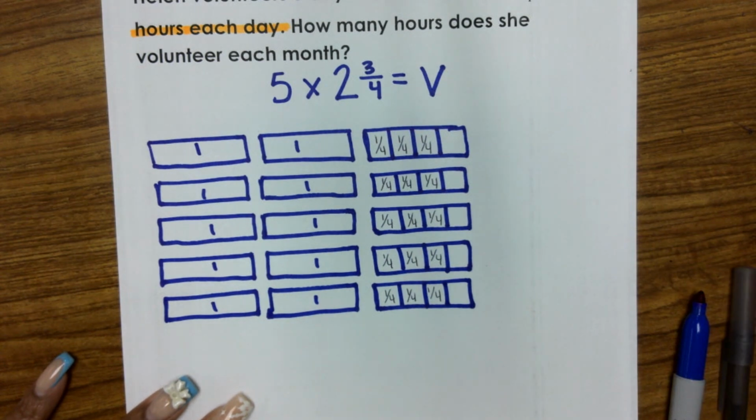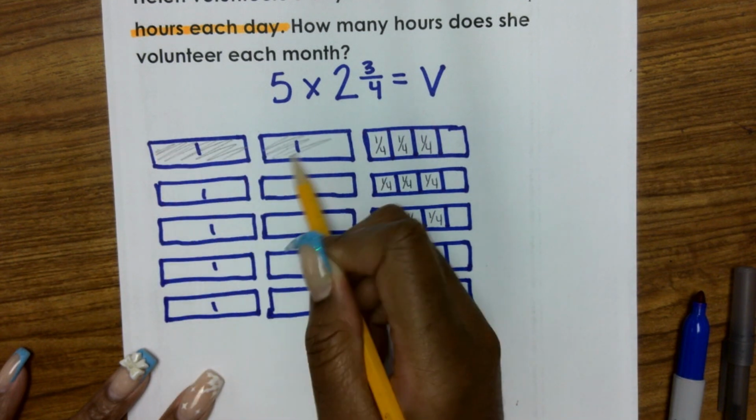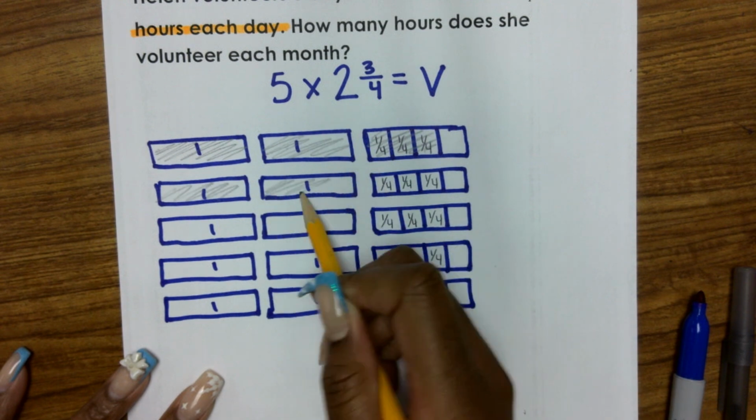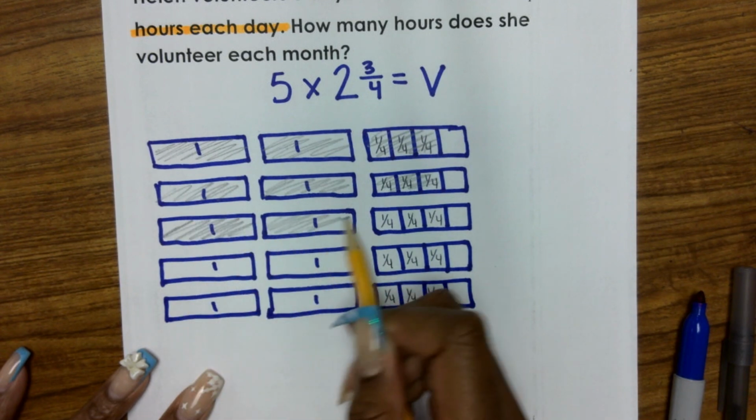Then I'm going to shade in how much she's volunteering, 2 3/4. So here I have 5 groups of 2 3/4.